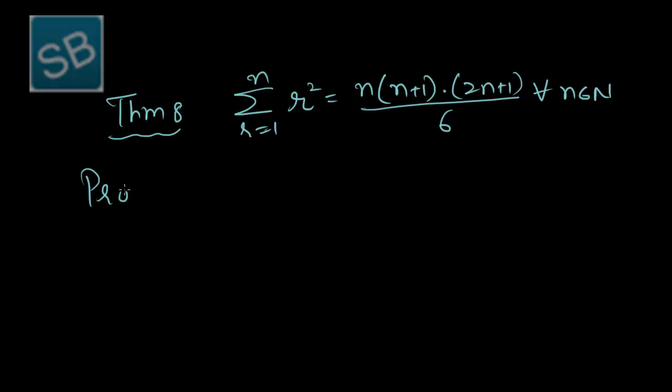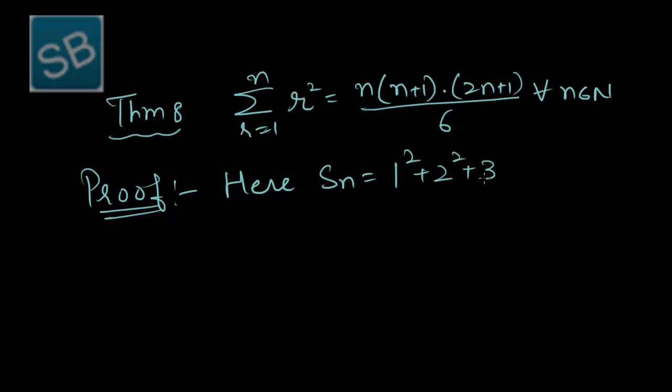Now we have to find the sum of squares of natural numbers in theorem 8. Here Sn is equal to sigma r from 1 to n r square, which is 1 square, 2 square, 3 square up to n square.